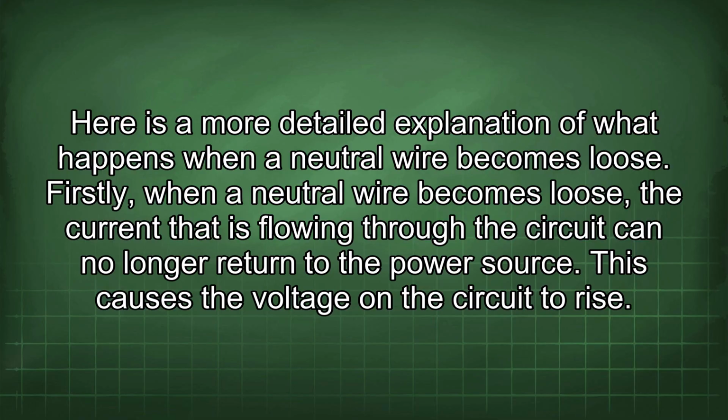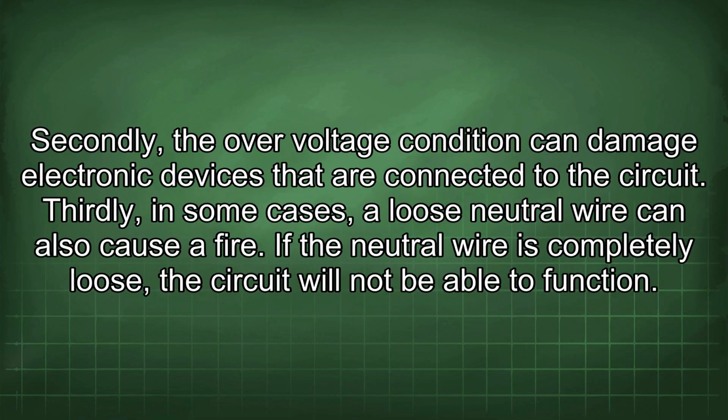Firstly, when a neutral wire becomes loose, the current that is flowing through the circuit can no longer return to the power source. This causes the voltage on the circuit to rise. Secondly, the overvoltage condition can damage electronic devices that are connected to the circuit. Thirdly, in some cases, a loose neutral wire can also cause a fire.